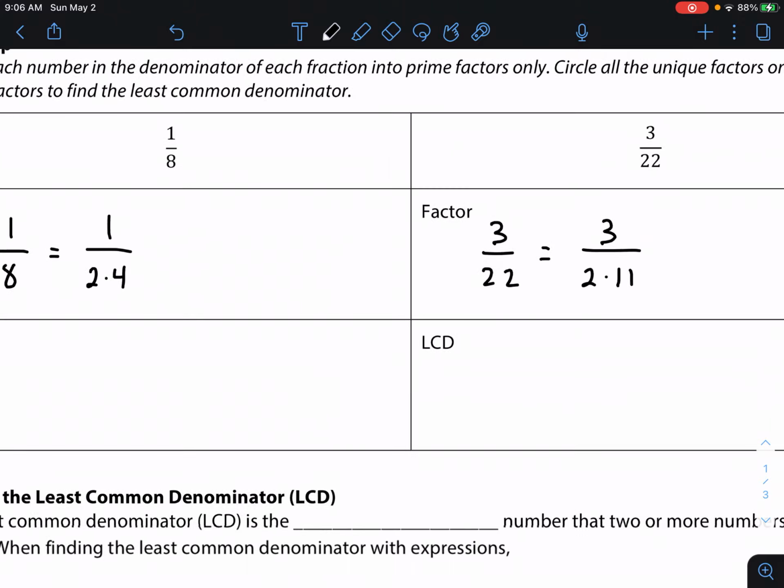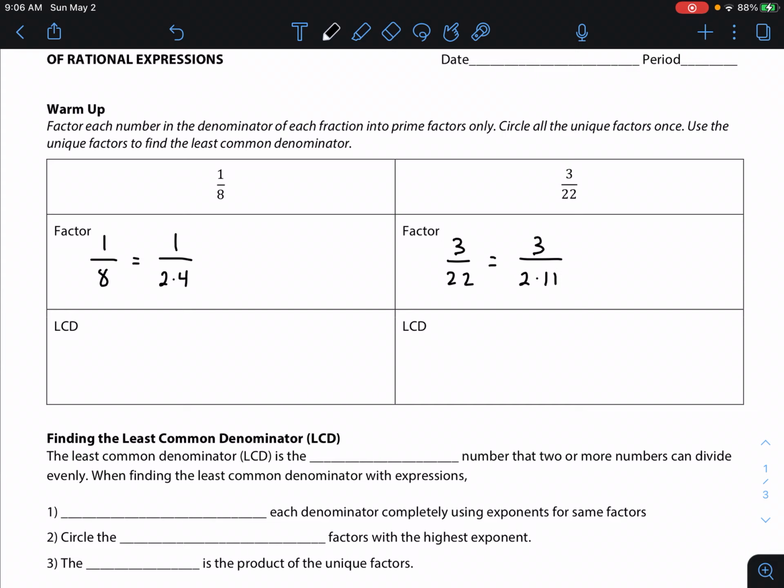And then to find the actual least common denominator, what we want to do is look at the factors that we have there. And you'll notice that we have a 2 and a 4 in the first one, and we have a 2 and 11 in the second one. And so what we're going to do is take all of the unique factors once, all right?